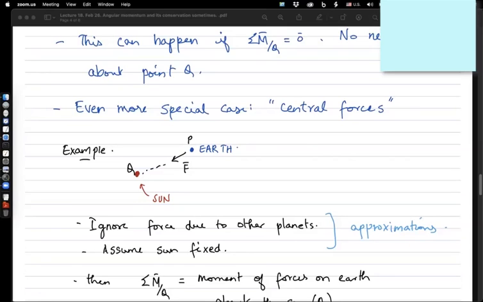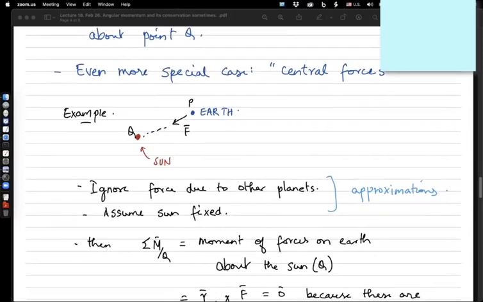Because these are approximations, whatever we infer from these assumptions is going to be approximate. It's not exactly true. But it turns out these are relatively good approximations. So these are accurate to many decimal places. Super accurate, but still approximations.